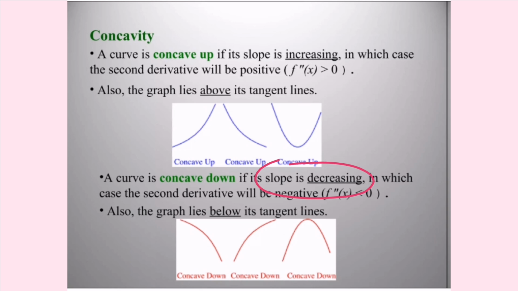In such a case, the second derivative will be negative, means the second derivative will be less than 0. The graph of concave down is shown in the graph.